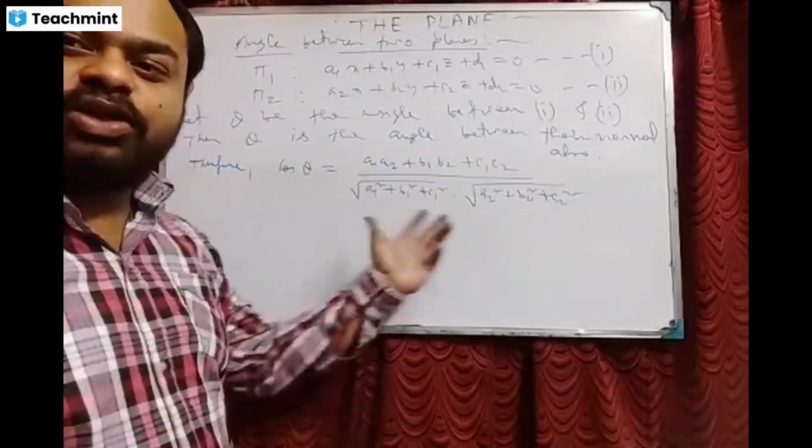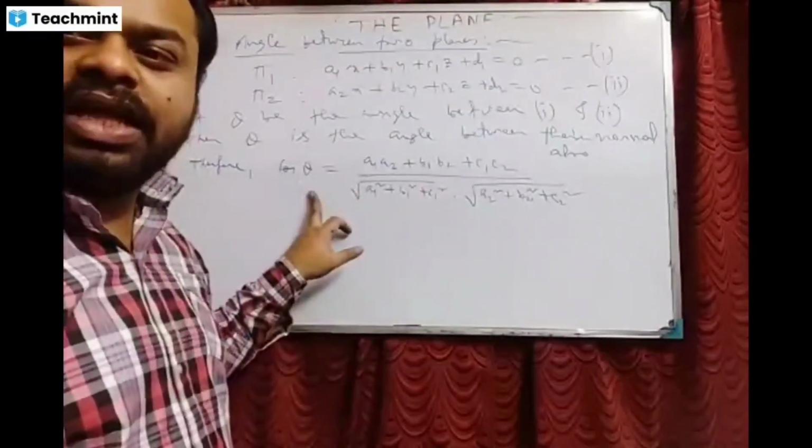So theta is cos inverse of this, and this theta is nothing but the angle between the planes.